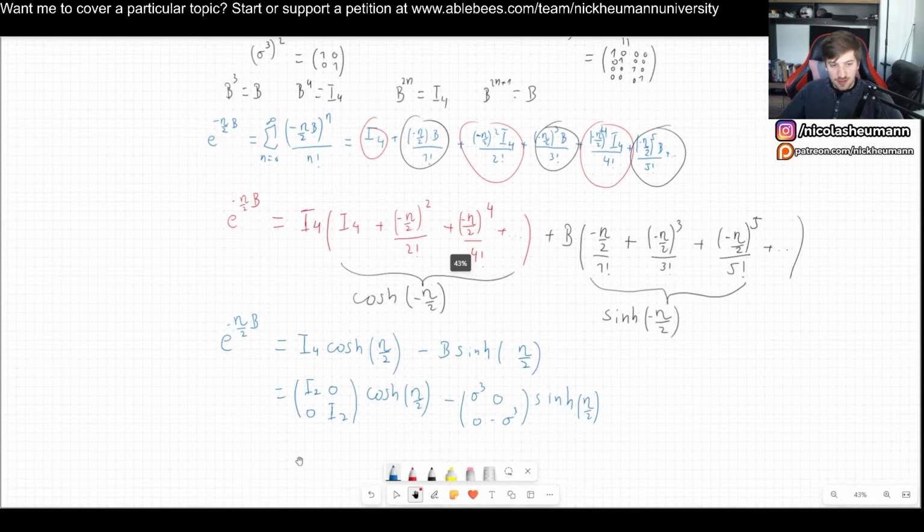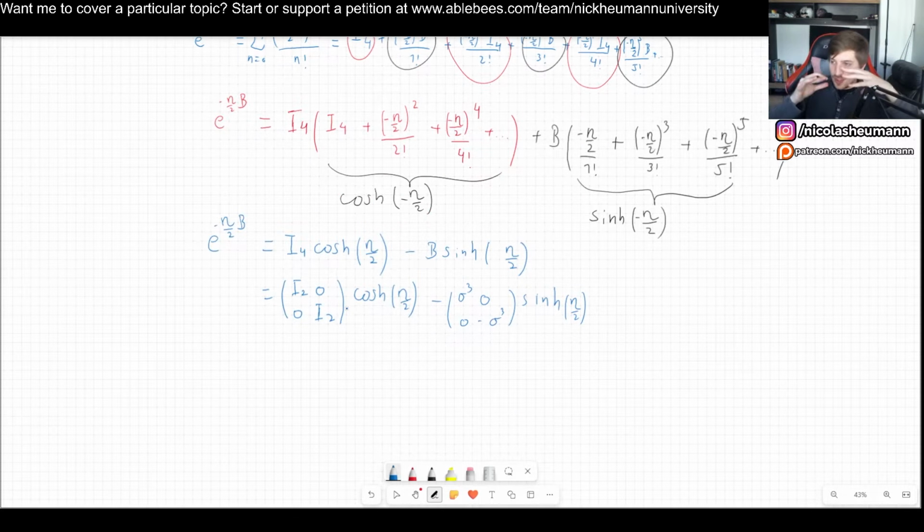Good. Now we can multiply through and put it all together. So this would be I2 hyperbolic cosine of eta over 2 minus sigma 3 hyperbolic sine of eta over 2, and then we get a 0 over there, a 0 over here, and now we get the same thing but with a plus, because we get minus minus.